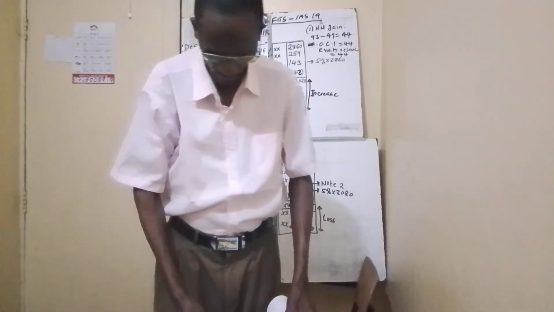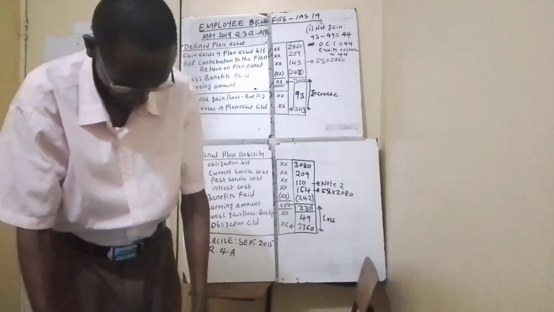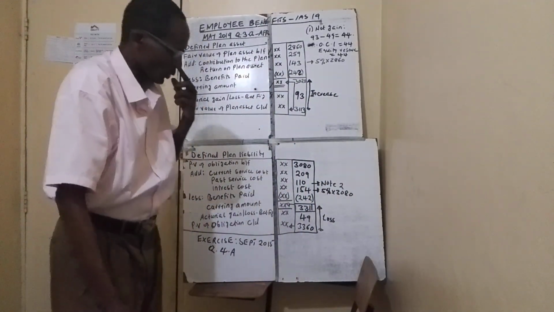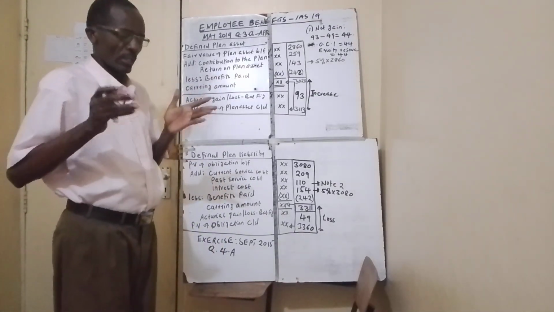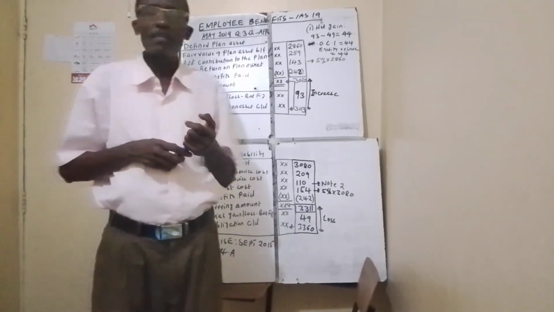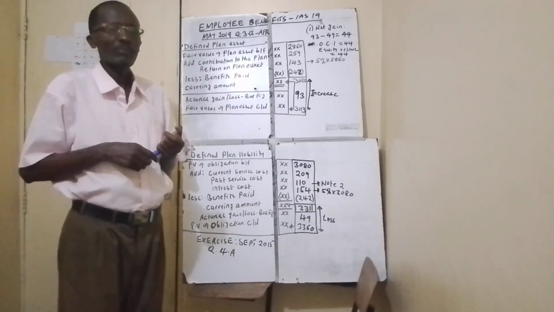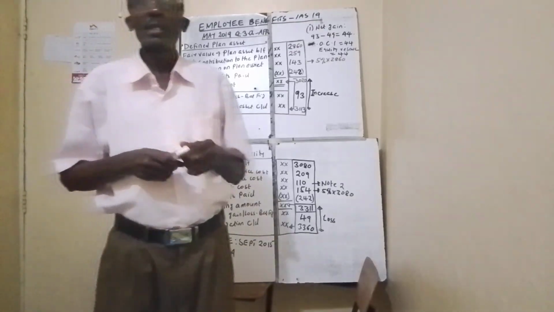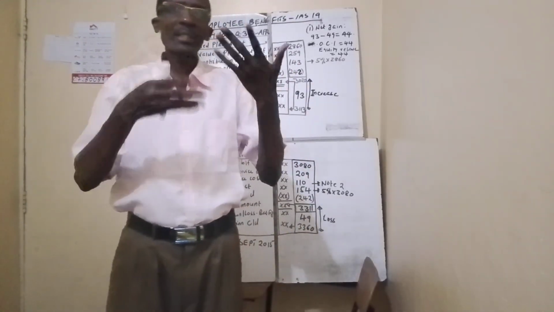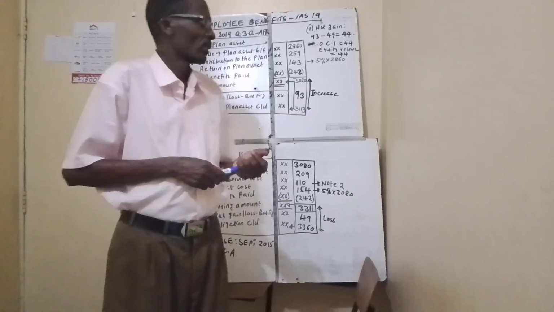Now, employee benefits, as you can see from this side, I want us to do this topic with an illustration to make it easier. We can take two examples, and as we take the examples, I'll also be giving you some theory.